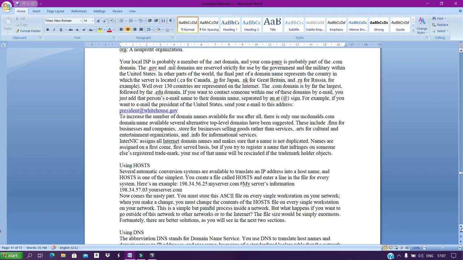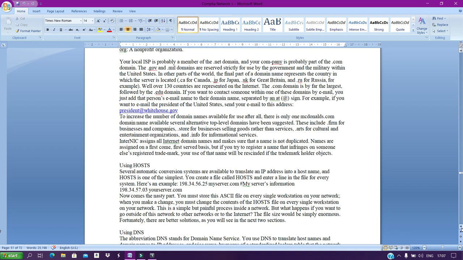For example, if you want to email the President of the United States, send your email to this address, president@whitehouse.gov.